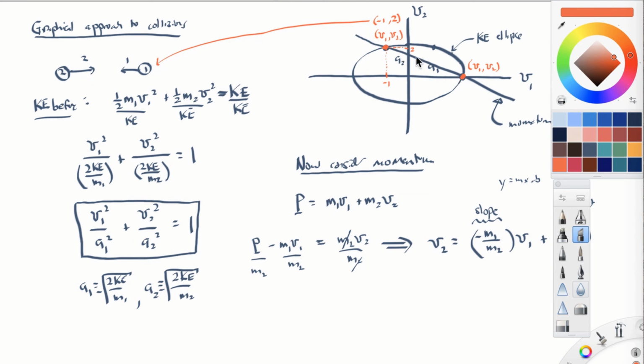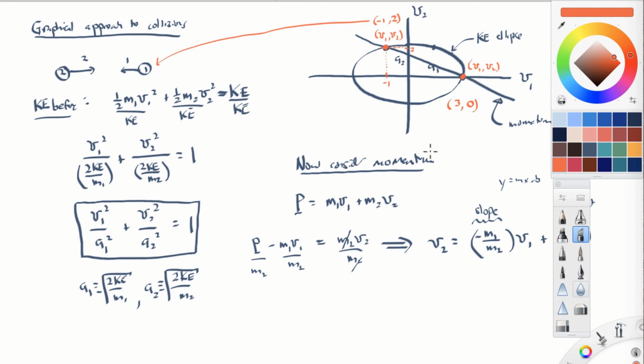The total momentum has a certain value, and the total kinetic energy has a certain value, and that's that point. This other point would be the outcome of the collision that has the exact same kinetic energy. That outcome is the case I considered in my last lecture, where the velocity of object 2 is 0, and the velocity of object 1 is 3.